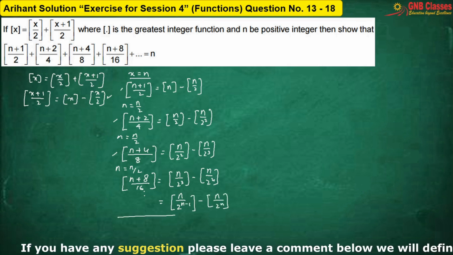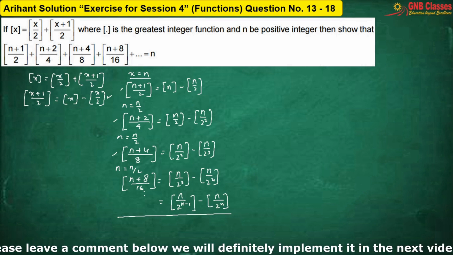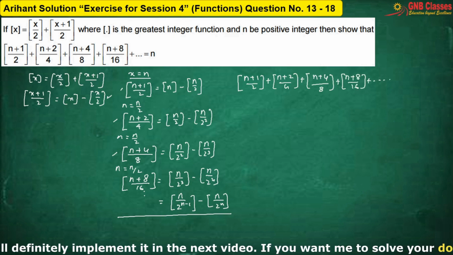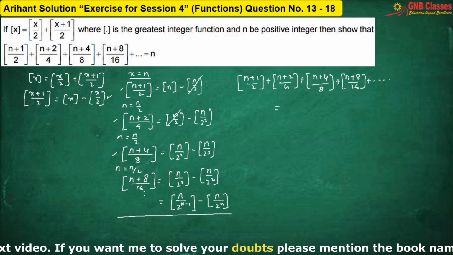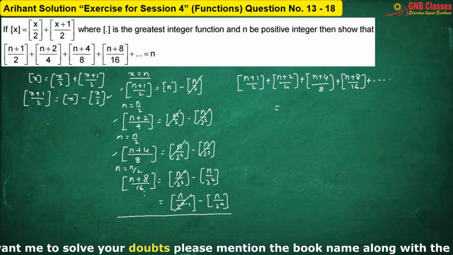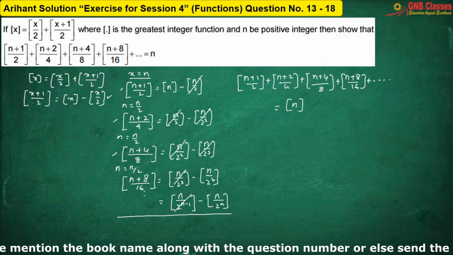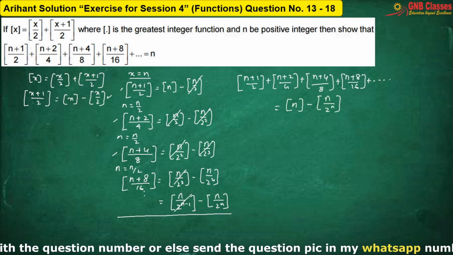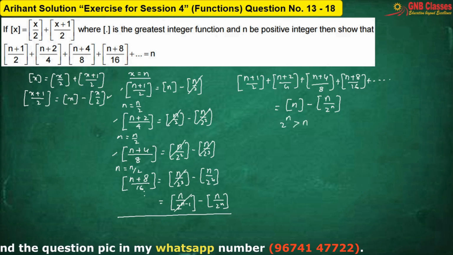now if I add the corresponding sides, in the left hand side we are going to have, and in the right hand side, if you observe, you will find that these terms will get cancelled. So, this term will also get cancelled with the previous term. So, we are left with, now as n is a positive integer, 2 to the power n is always greater than n.